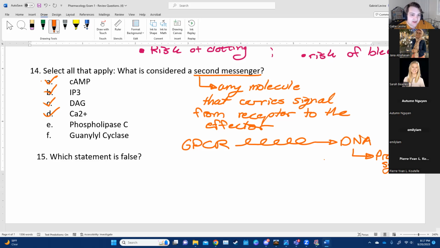Is phospholipase C a second messenger? No, it is an enzyme. Is guanylyl cyclase a second messenger? No, it is an enzyme. Would protein kinase A be a second messenger? No. Here's a question for you.